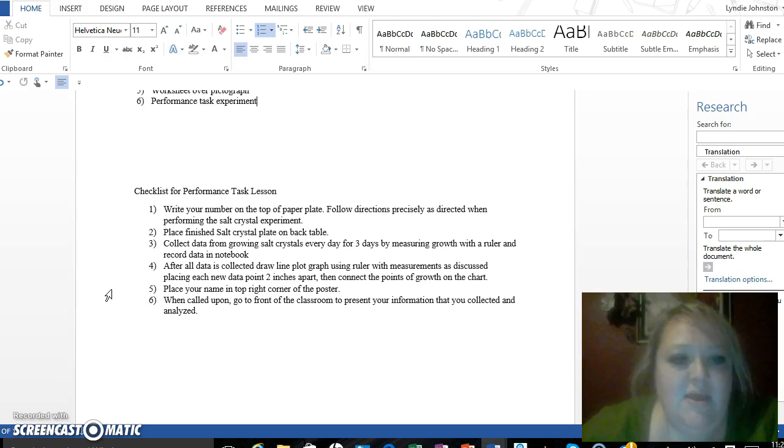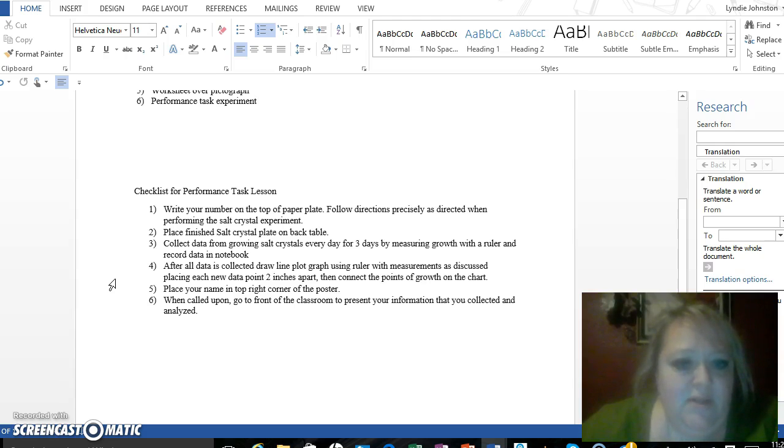They're going to measure how big the salt crystals have grown, and record it in their notebook. After all the data is collected, they will draw a line plot graph using a ruler with measurements as discussed, placing each new data point 2 inches apart, and then connect the points of growth on the chart.